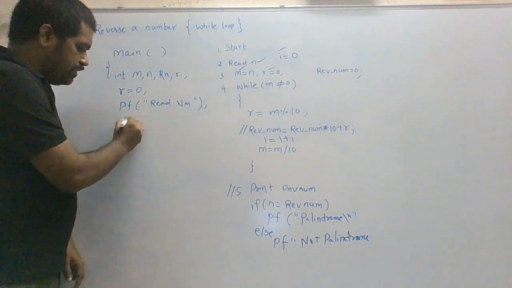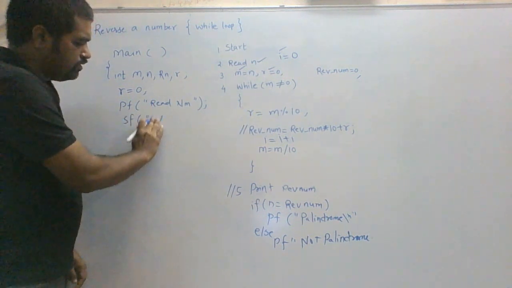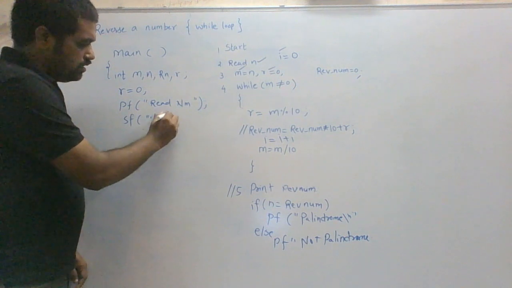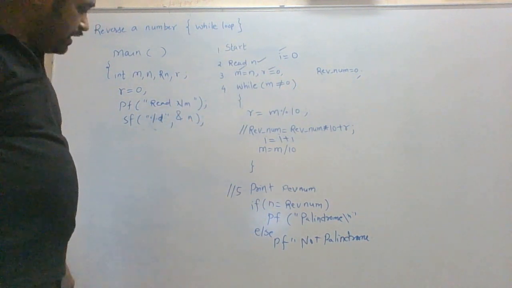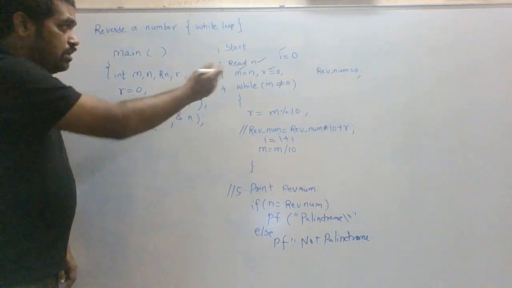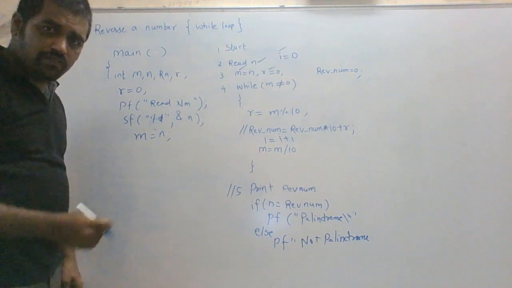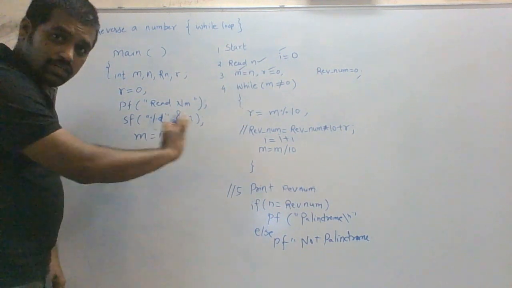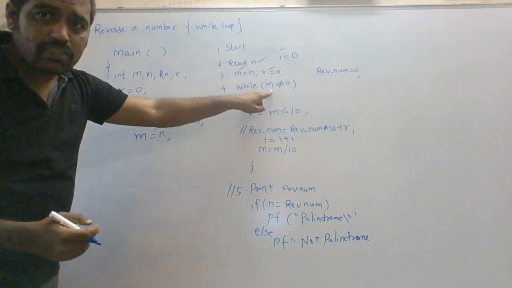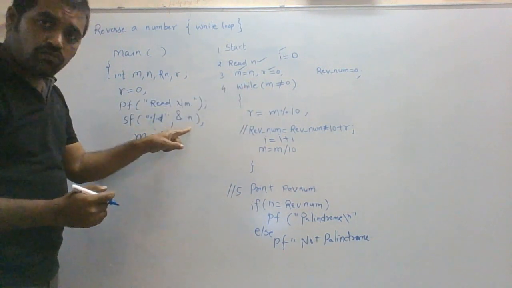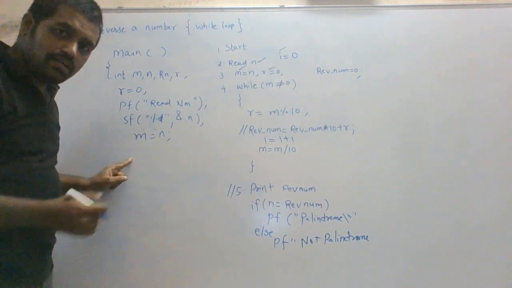Then scanf reads the value into the particular memory location, so percentage d, ampersand n. Then m is equal to n, an auxiliary location you can store it in, and n will be restored as it is. The operation on m will be performed because we are going to make it 0. Later on if you want to fetch the value of n, that will be helpful if you put it into the auxiliary variable.